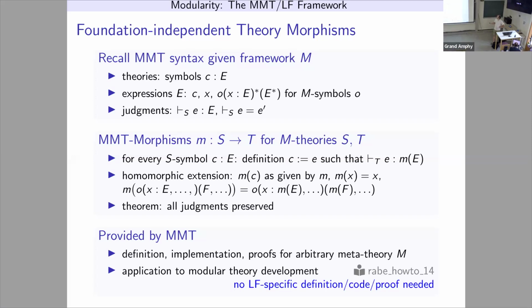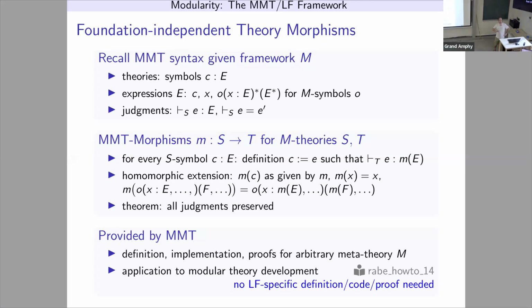For every S symbol, we need a definition that respects the translated typing. Morphisms are again defined homomorphically, and now we can prove at the MMT level once and for all the good properties of morphisms, in particular that they preserve all judgments. So this kind of theory morphism you can define for every formal system.